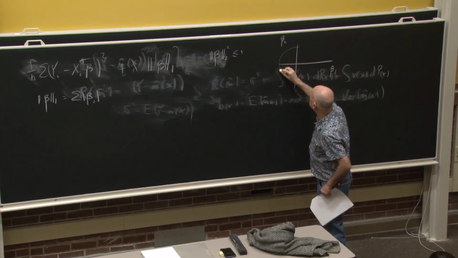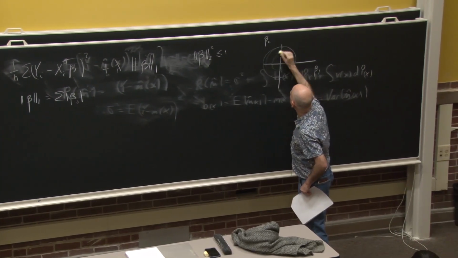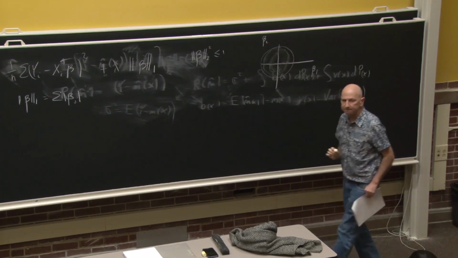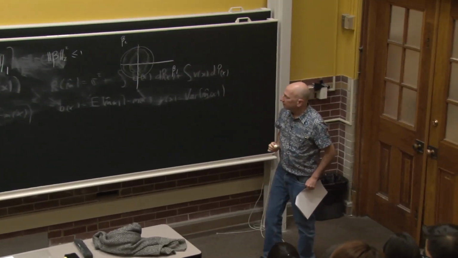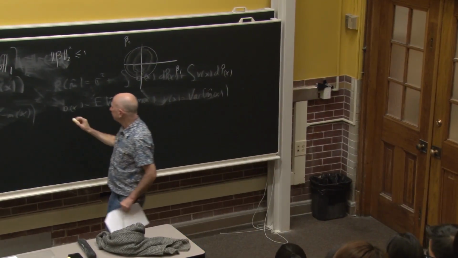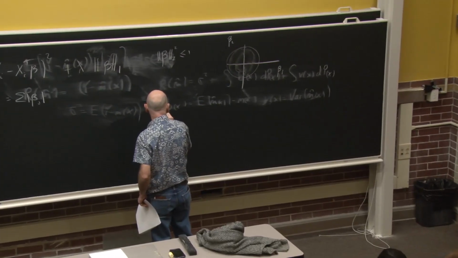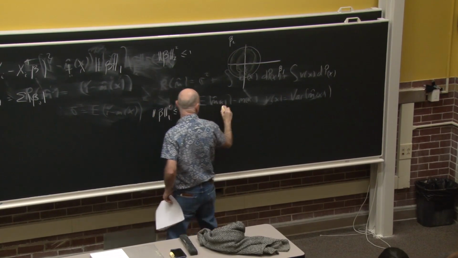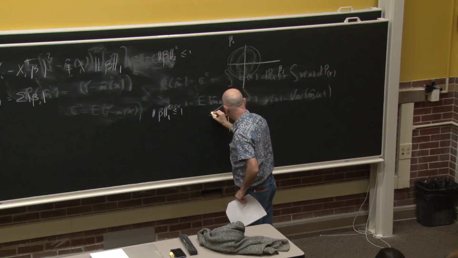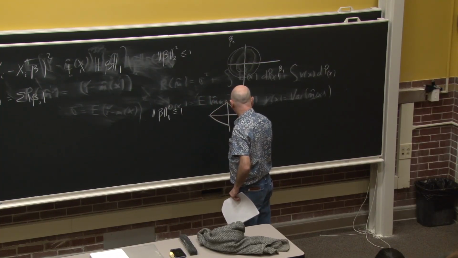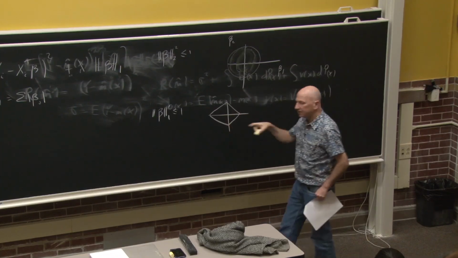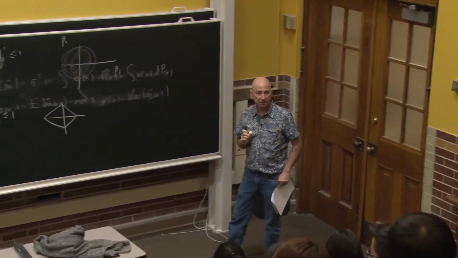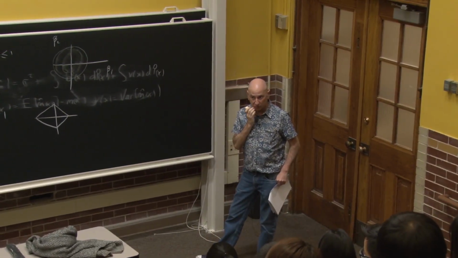Well, that's just a sphere. If you look at the L1 norm, you get this diamond shaped thing. And notice that the neighborhood is a convex set.